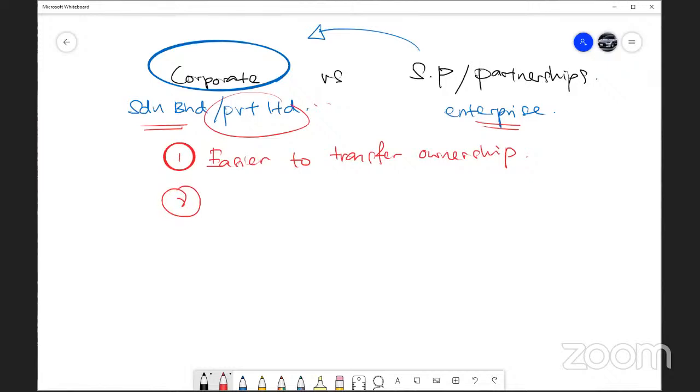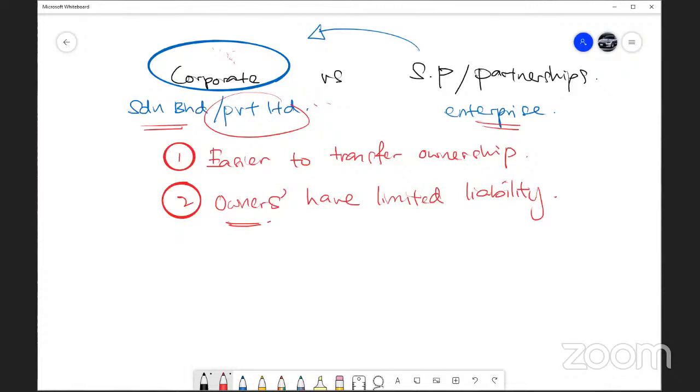Number two, the owners have limited liability. The name itself is private limited, which means limited liability. So if the company under a corporate form went bankrupt, the owners are not affected at all. They could still be millionaires or billionaires. Whereas an enterprise is solely owned by the owner themselves.